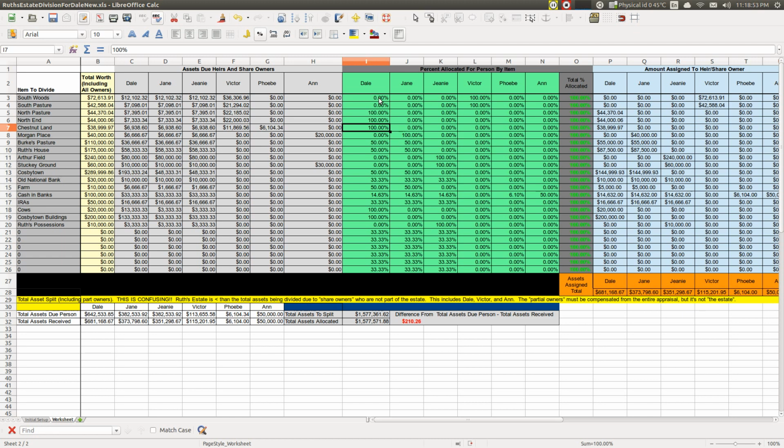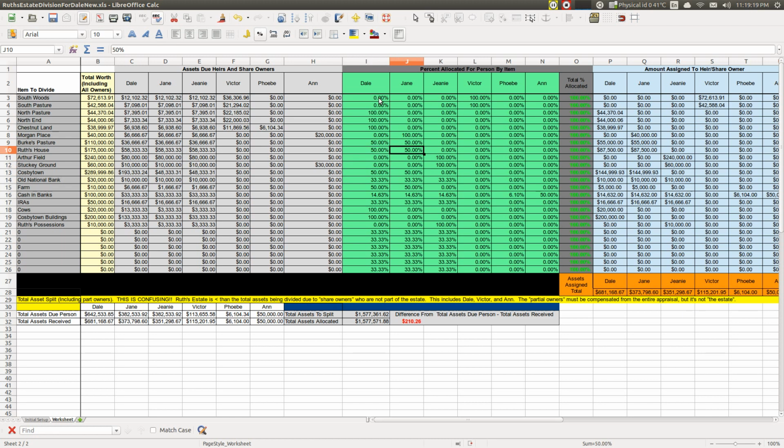And I certainly don't recommend it, but you can divvy this up into multiple names. Like, for instance, if you and Jane decide you'd like 50% of Ruth's house, if I can find Ruth's house, I've already got it set up that way.